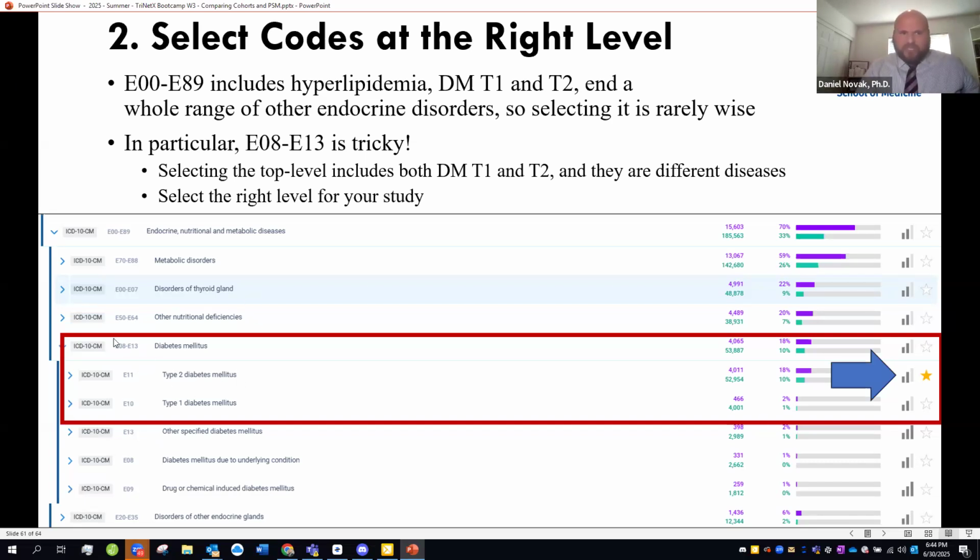Don't be lazy and pick the top level category just because that's what you think you want to include. In fact, there's even more subcategories within type 2 diabetes that you might want to look at. And you might want to include or exclude those depending on what you're working on. So you really have to think about how you want to structure your propensity score matching model when you're doing this. So selecting codes at the right level is crucial.